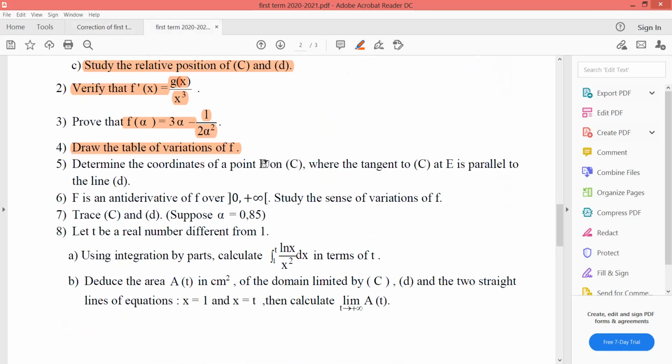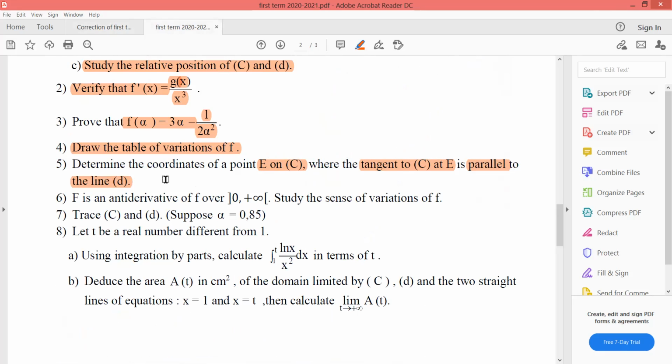Part 5, determine the coordinates of the point E on C, where the tangent to C at E is parallel to line D. Two lines are parallel if they have the same slope.